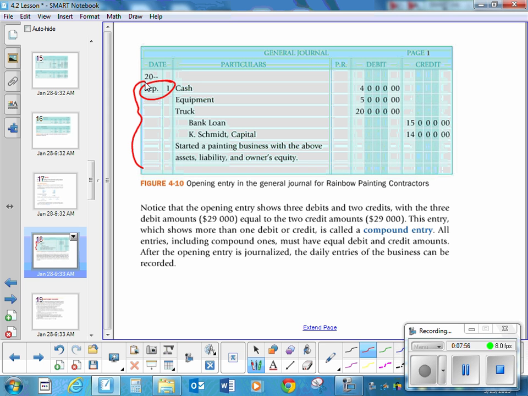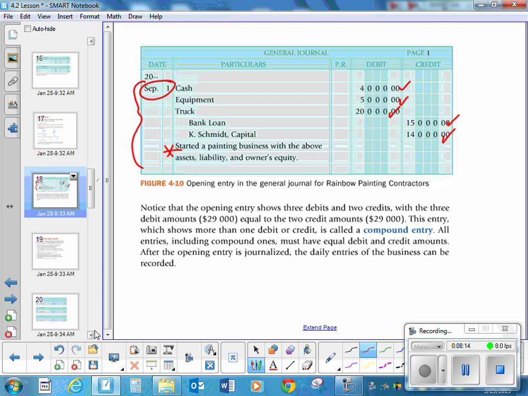You're starting with $4,000 cash, $5,000 equipment, $20,000 per truck, a bank loan of $15,000, and your capital is worth $14,000. And the memo here is what's happening. You're starting your company, and that's what you're starting with. That's called an opening entry.